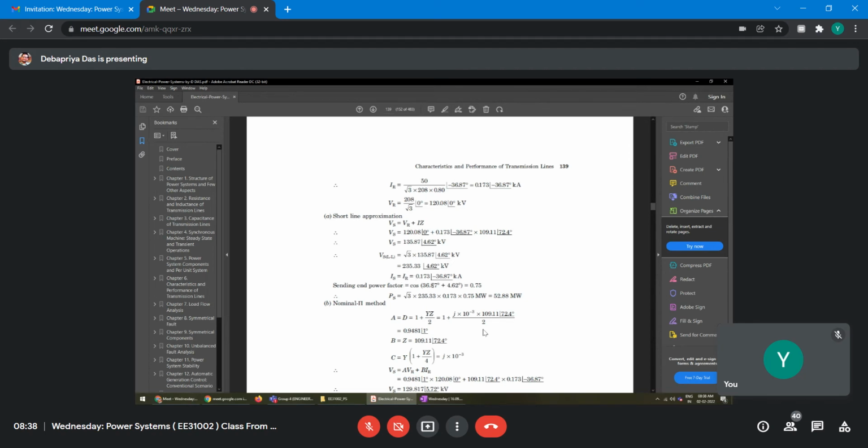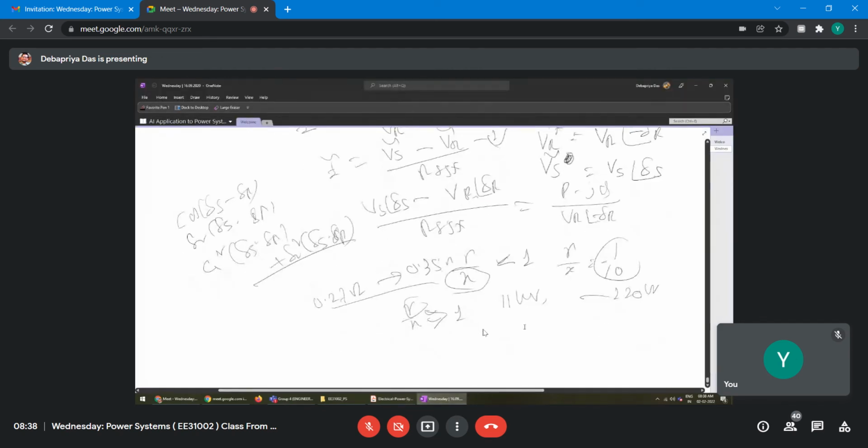And therefore, for the power factor, here that angle is 4.62 degree, and this current is lagging. So what is the angle? The voltage is the reference line and current is lagging by 36.87 degree, and the voltage angle is 4 degree.